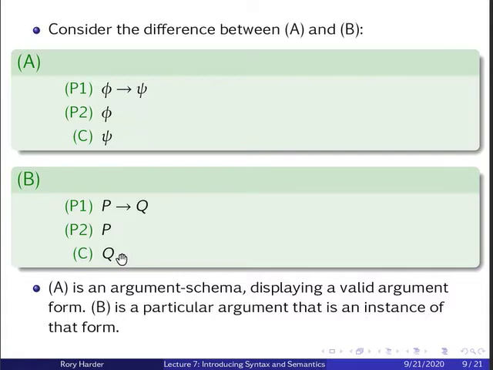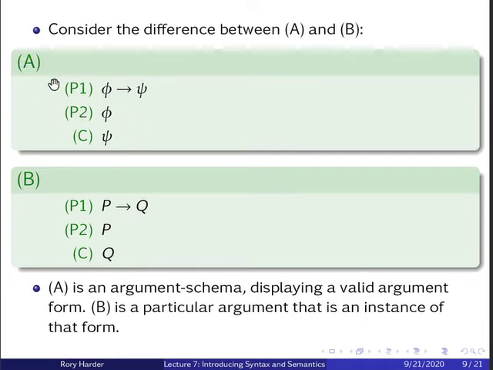In order to understand the difference between these two arguments, you have to understand that A is not actually a particular argument, but rather an argument schema. What A represents is that whichever sentences you plug in for phi and psi, you will arrive at a particular argument in our logic, which is a valid argument of the form of modus ponens.